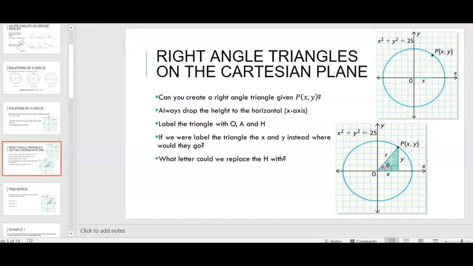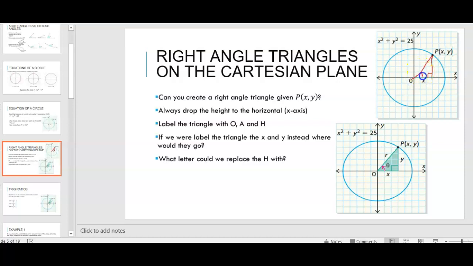Okay, so let's choose the point P, and from that point we will take a vertical line to the x-axis, and connect point P with the origin, and we create this right angle triangle here.